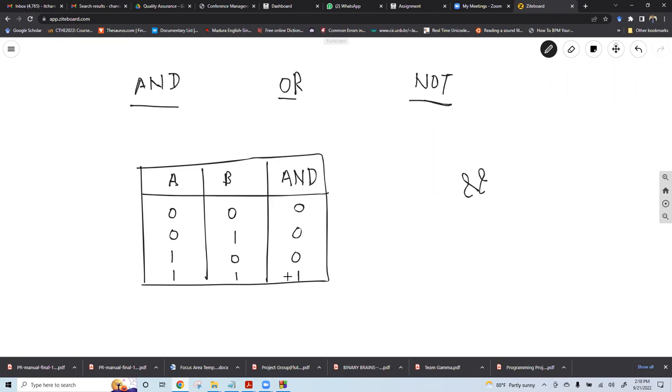Only if both are 1 is it 1. So this is called and. In our program, we represent it with the double ampersand. So this is the ampersand sign.